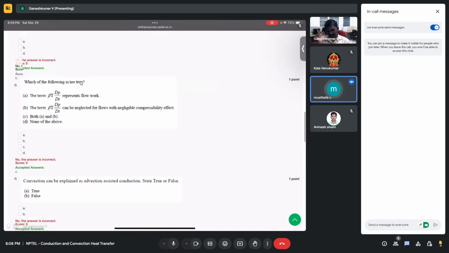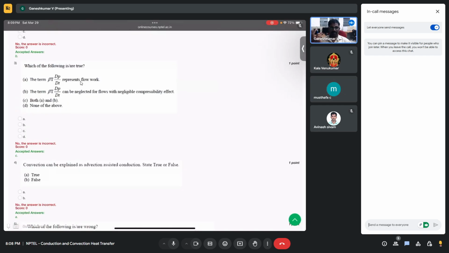But you are right, it can be ambiguous, and it's a little bit difficult to understand. From one angle it can be said to be flow work, from another angle it can be something else. I agree, both are correct. Both have the same kind of justification.